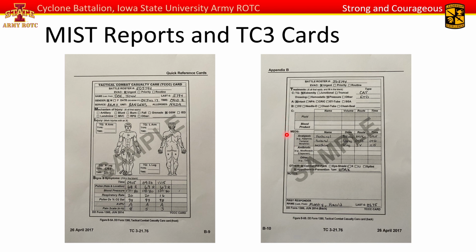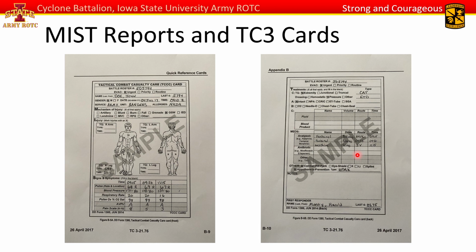Then he was given medication, so pain relievers are noted here, and you also have the dose, how they're administered, and what time, and then other information. He had a combat pill pack, and they were taking hypothermia prevention measures. And then the first responder here, and the last four of the responder, that way they know who did what for this casualty.